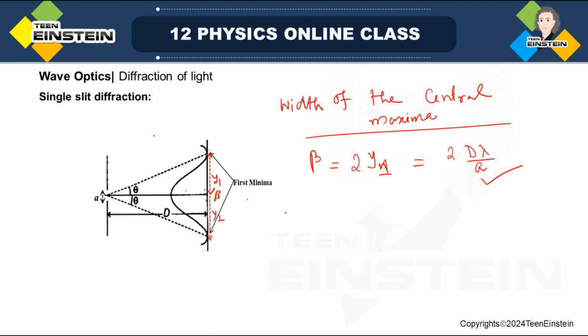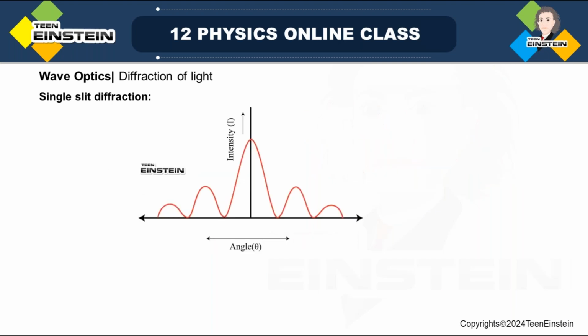Okay, now if we want to find out the fringe width of the secondary maxima, width of secondary maxima, and width of secondary minima.